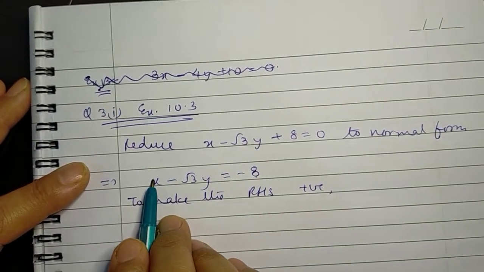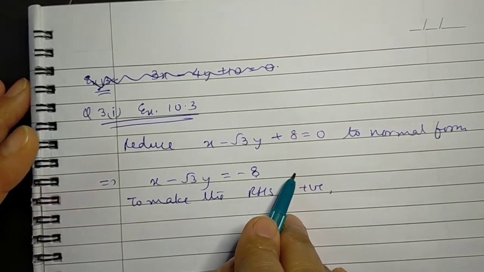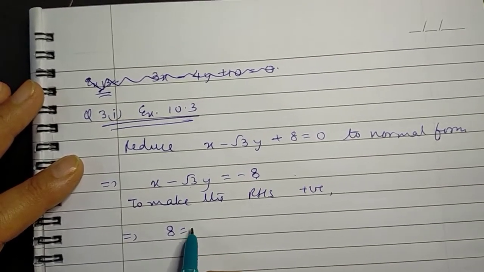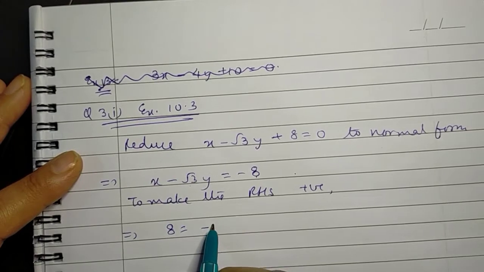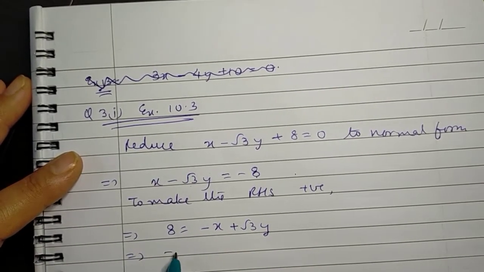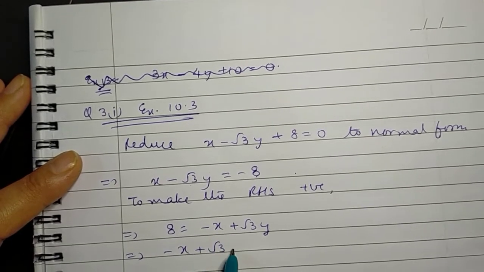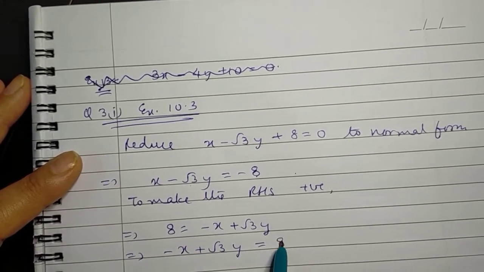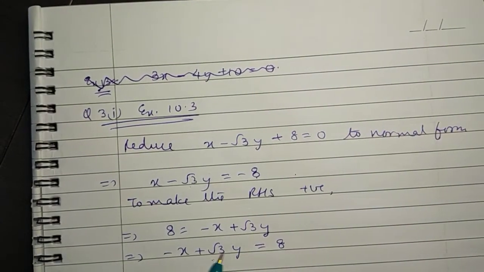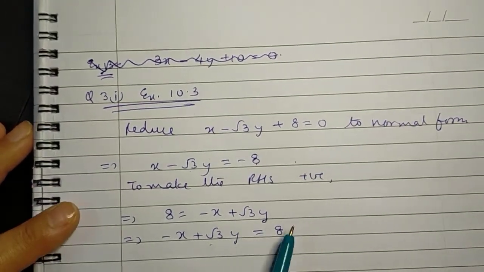We take this to the other side and these to the right hand side. So we get 8 is equal to minus x plus root 3y, which can be written as minus x plus root 3y equal to 8. Now you see that we have made the right hand side positive.